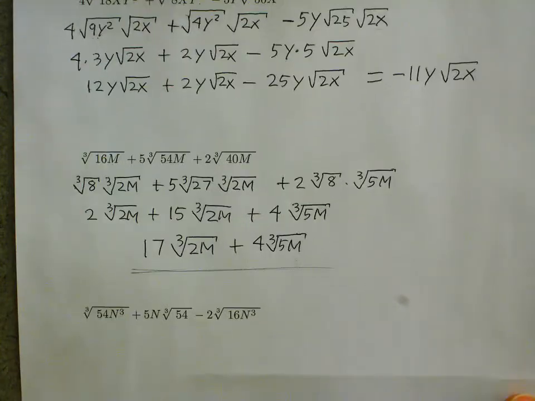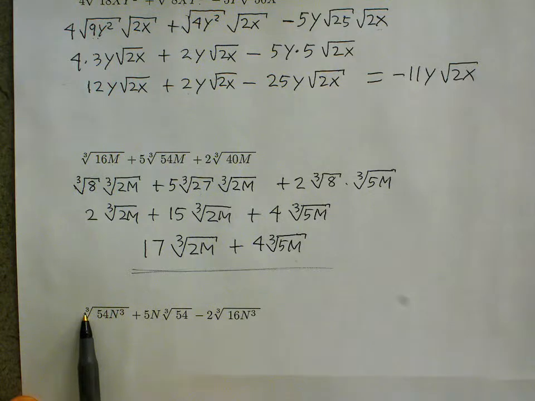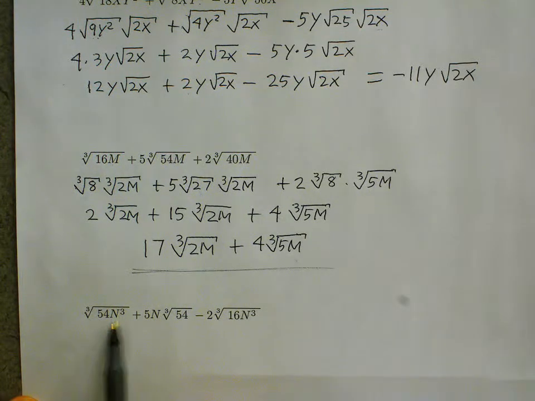Okay, the next example involving cubed roots. Simplify the cubed root of 54n to the third. The largest factor of 54 that's a perfect cube is 27. 27 times 2 is 54.